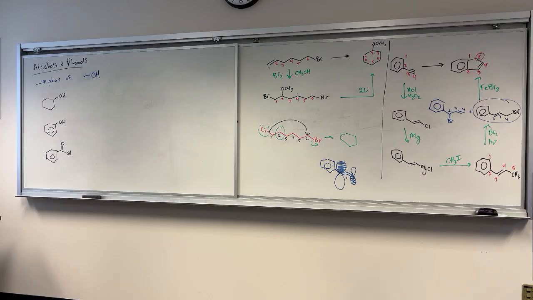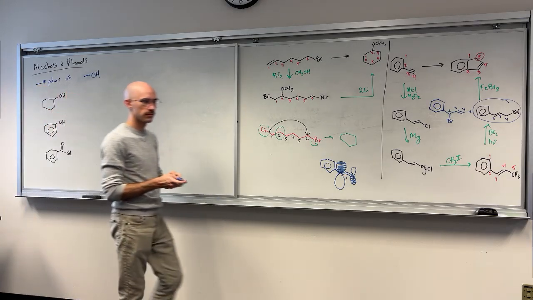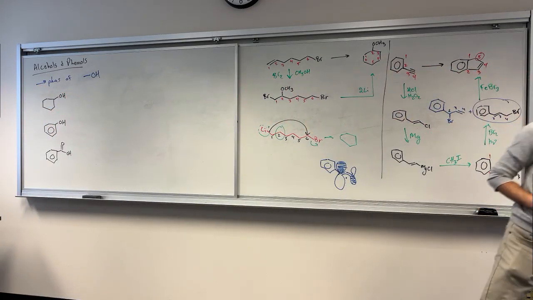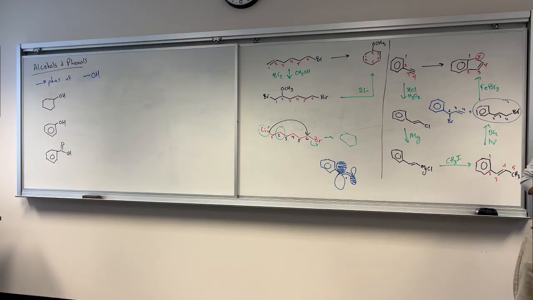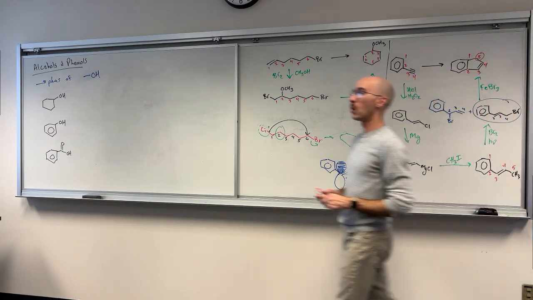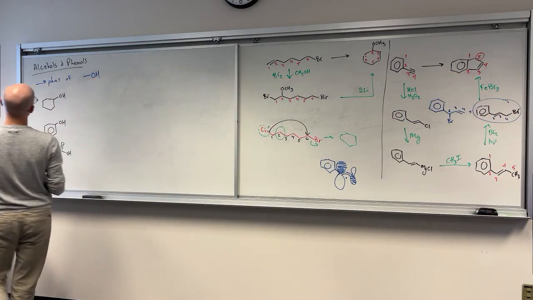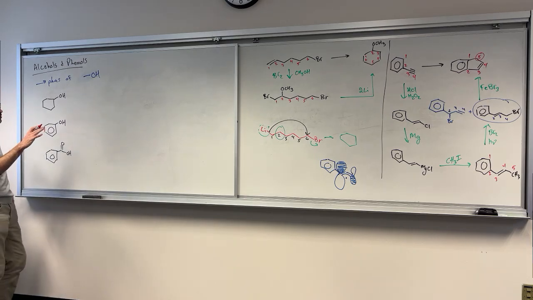Do you know the approximate pKa range for an alcohol like cyclohexanol? 15 is good. Water, I think, has a pKa of 15.6, 15.8.